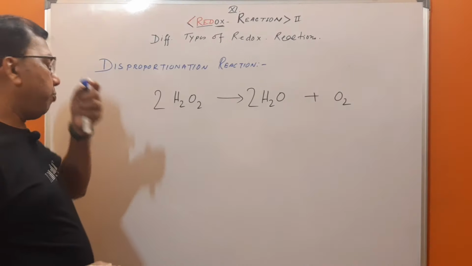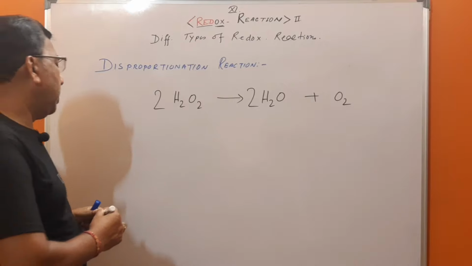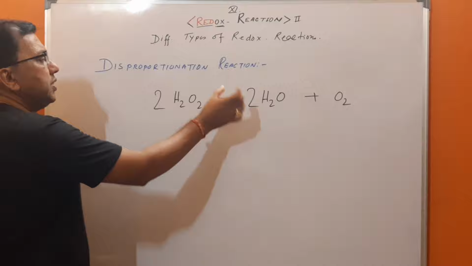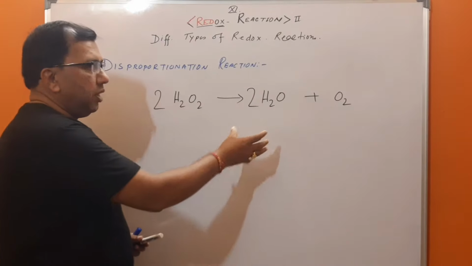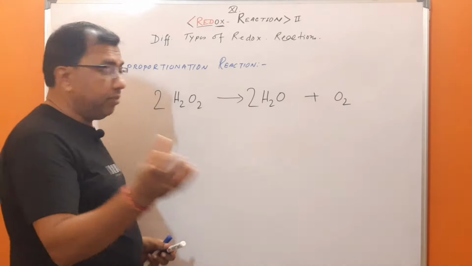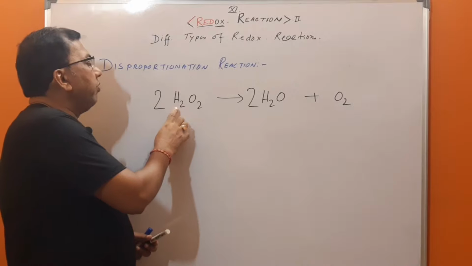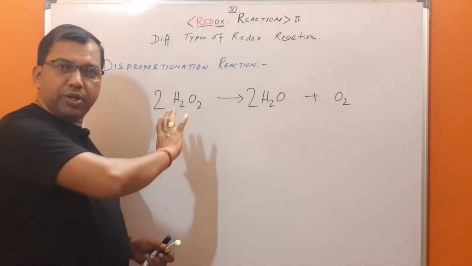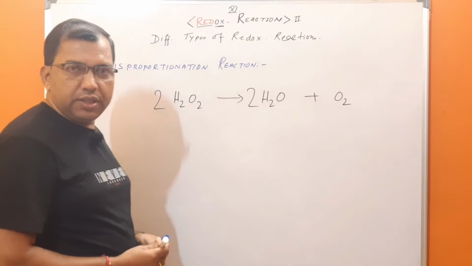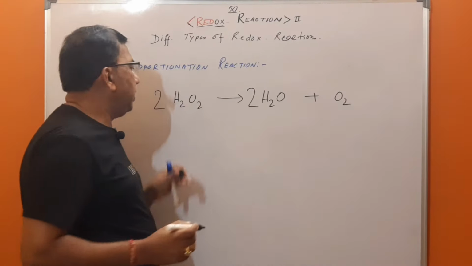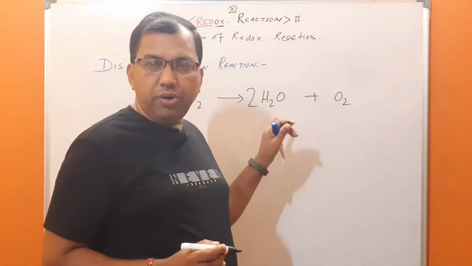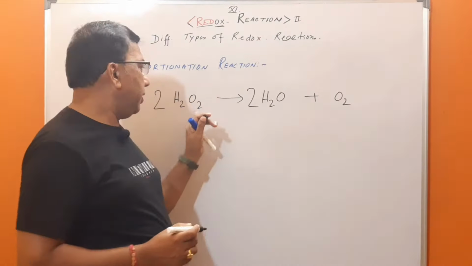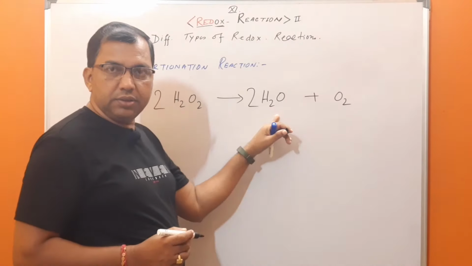In this reaction, you have to find out the oxidation number of hydrogen and oxygen. What will the oxidation number of oxygen be out here, and what will it be here?